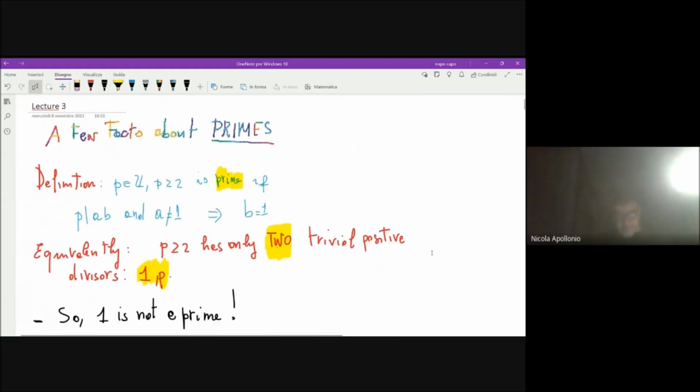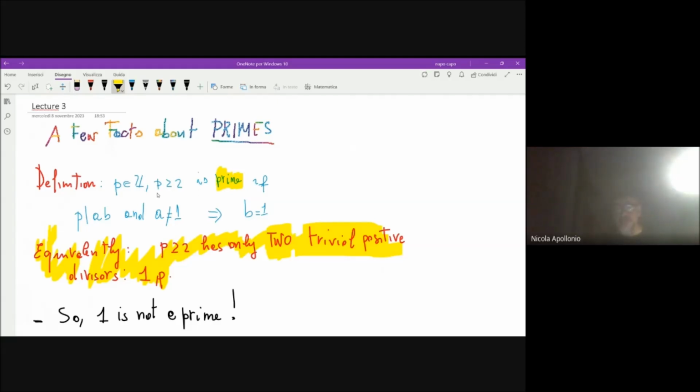So let us start with the definition, and let us look at the easiest one, which is also the most assertive one. Is this one. Originally, I thought to give a more abstract one at the beginning, but this is more efficient. So a prime number is, of course, a positive integer which has the following property.